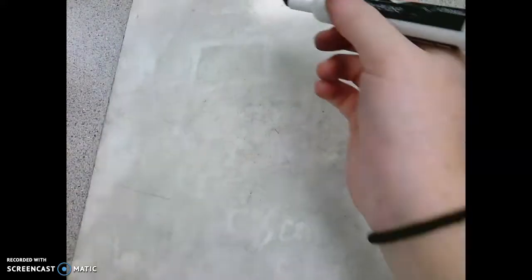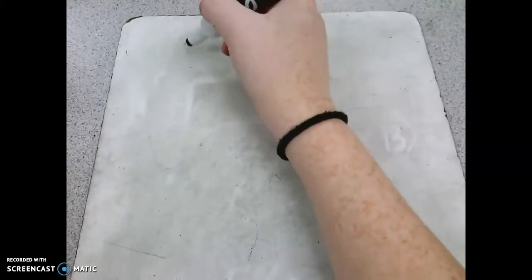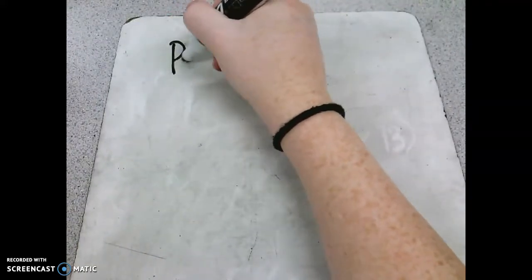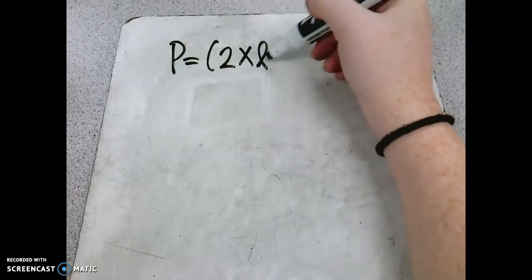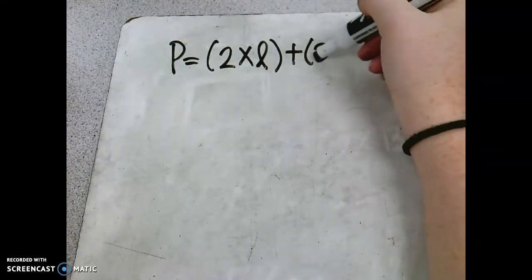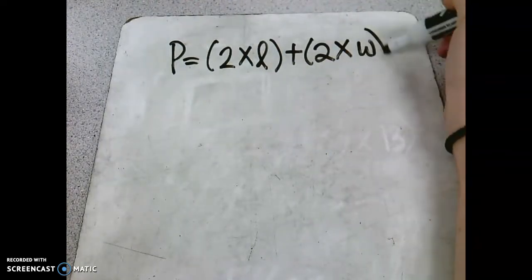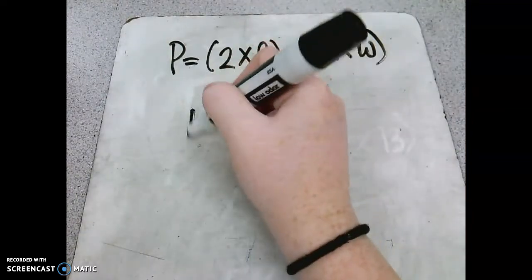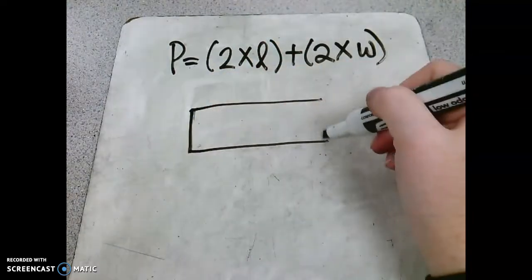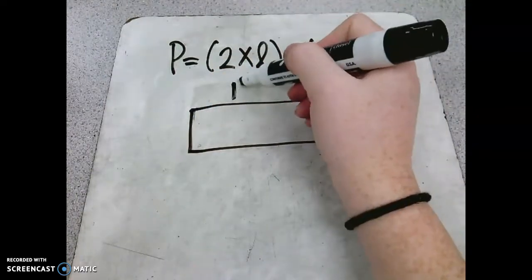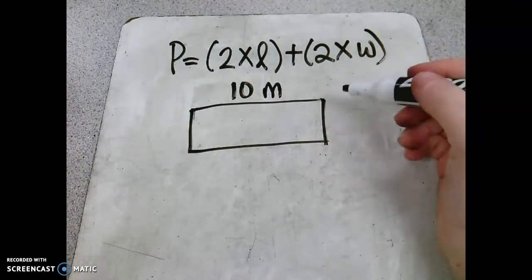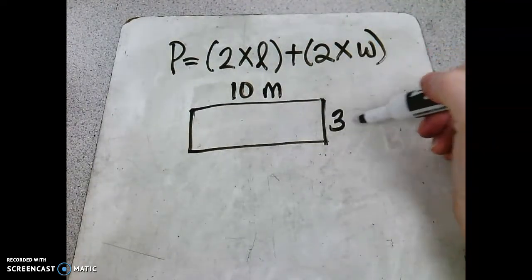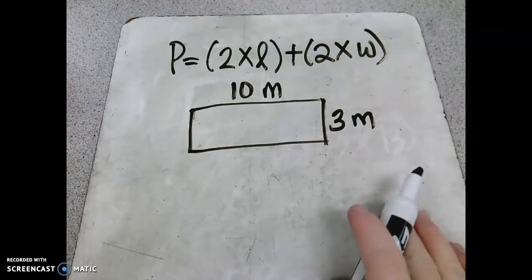So we have perimeter equals 2 times L plus 2 times W. Our rectangle will have 10 meters on one side, and 3 meters on the other side.